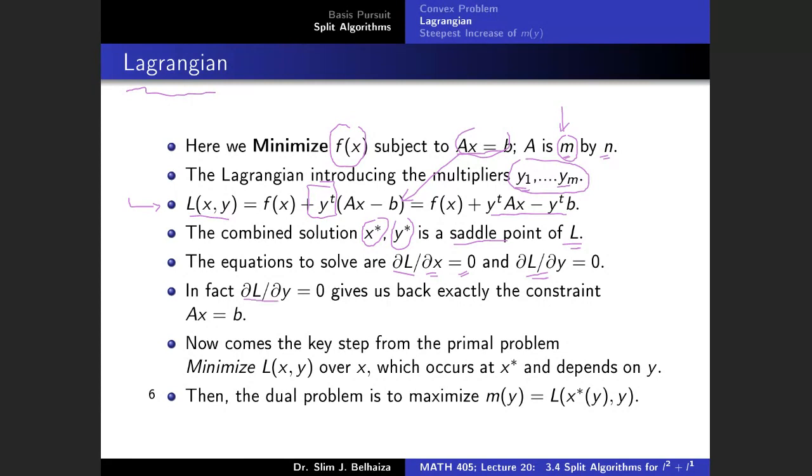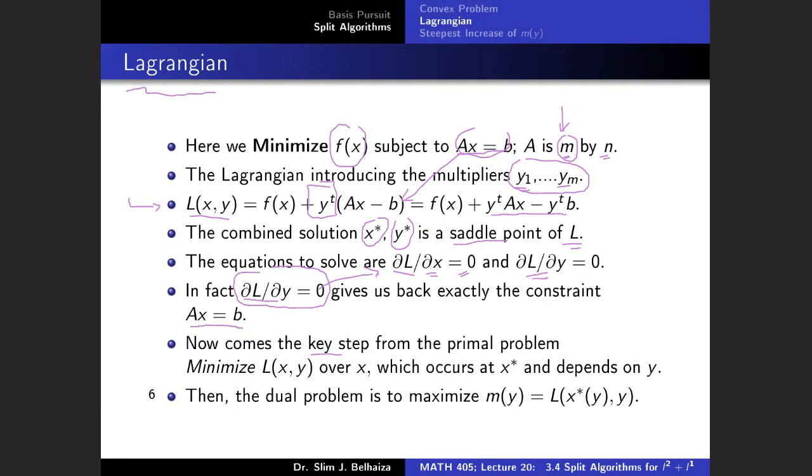equals 0, which gives back the system Ax equals b, and plugging it into the dL over dx conditions. Now, after you solve dL over dy equals 0, comes the key step from the primal problem.